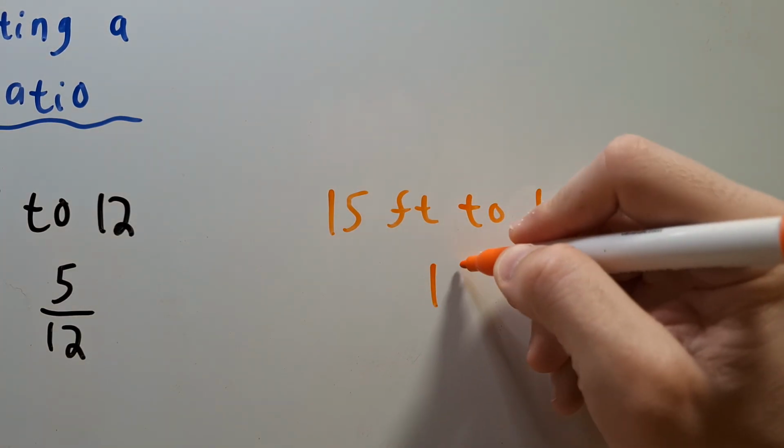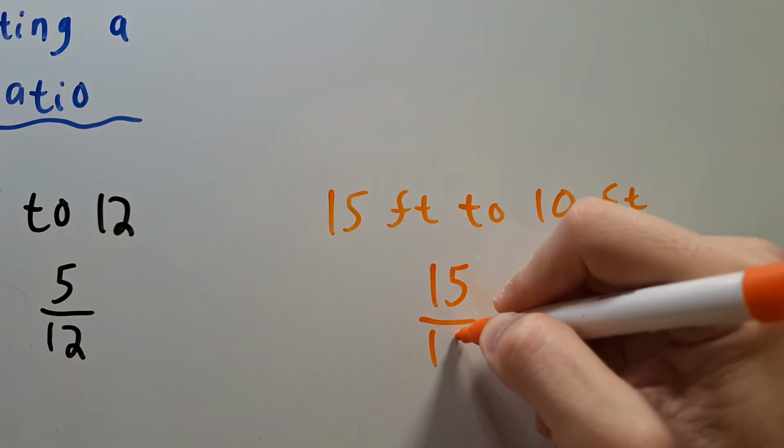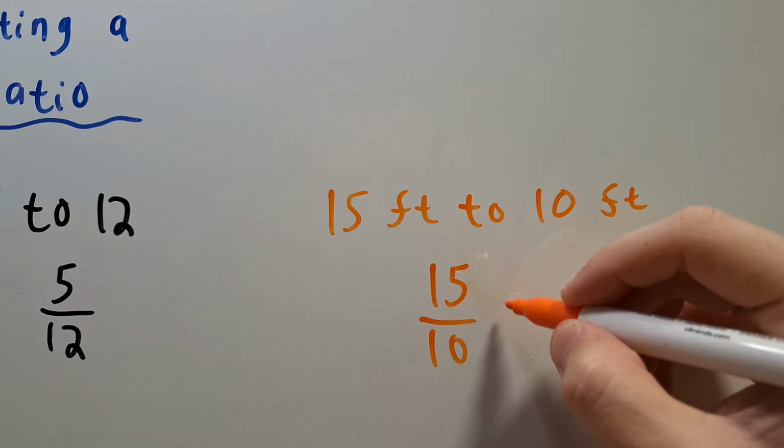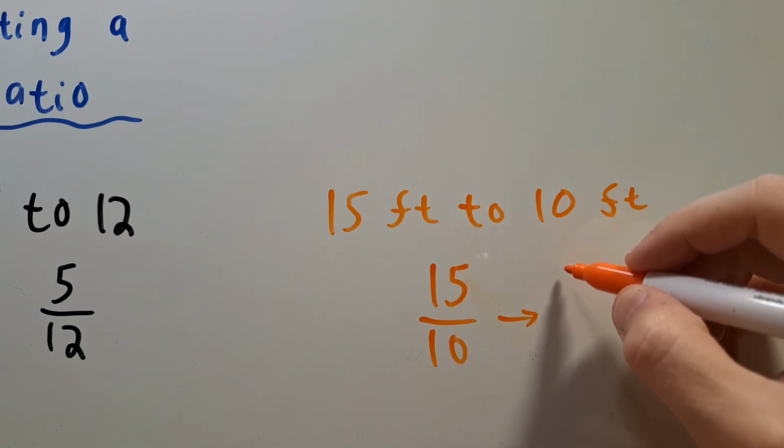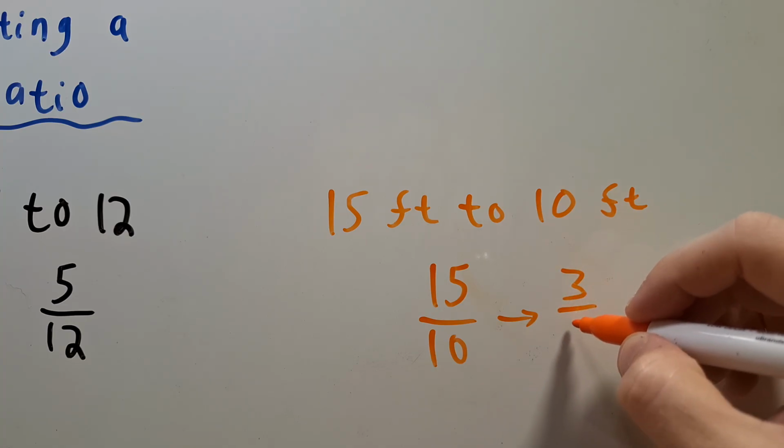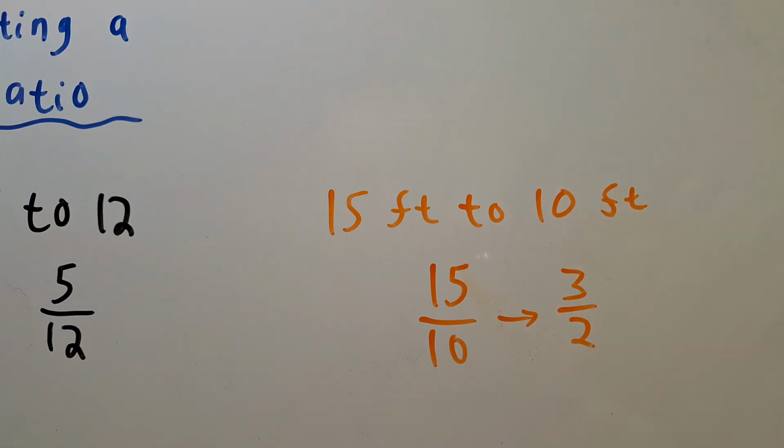You would say 15 to 10, and then because both these numbers are divisible by 5, we will write this in lowest terms as 3 to 2. And that's all there is to it.